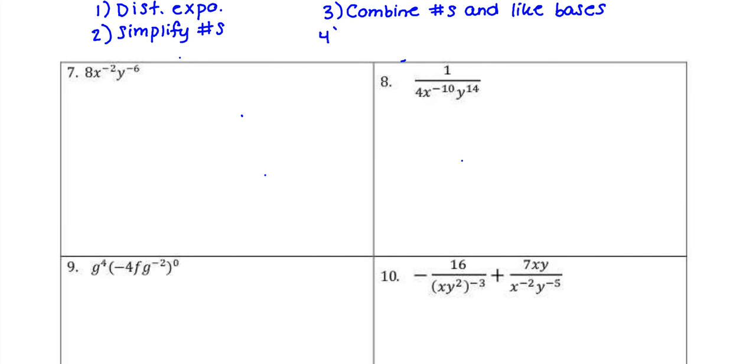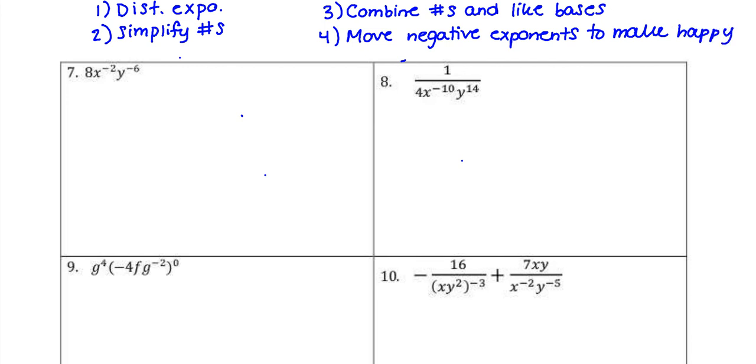Then number 4, move negative exponents to make them happy.